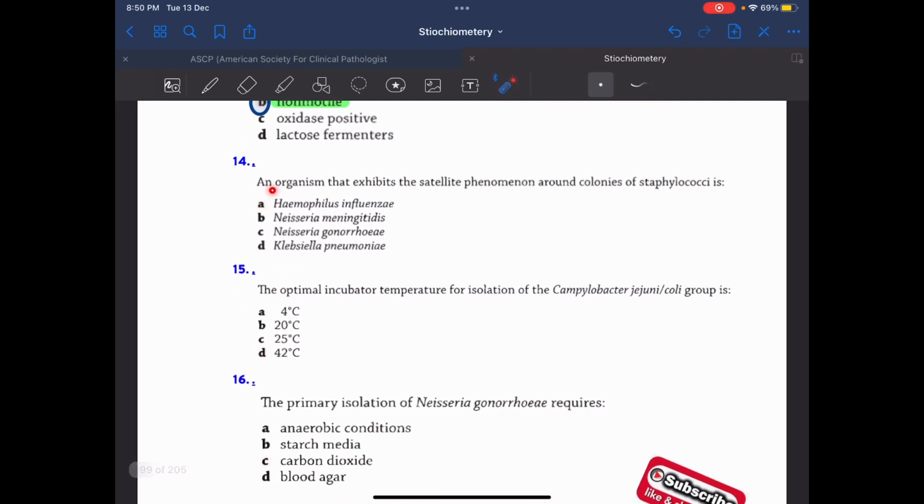Question number 14. An organism that exhibits the satellite phenomenon around colonies of Staphylococci is Haemophilus influenzae, Neisseria meningitidis, Neisseria gonorrhoeae, or Klebsiella pneumoniae. The correct answer is Haemophilus influenzae.